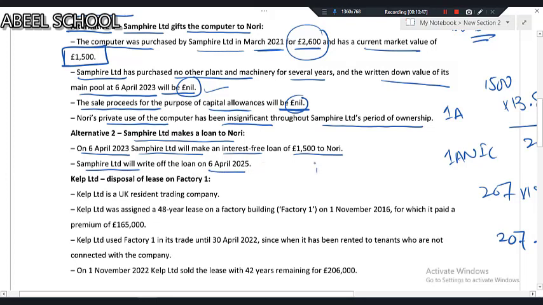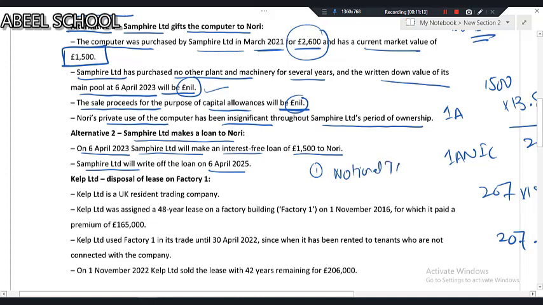The first point which you, dear student, need to discuss is that in alternative 2, Noori is not the only employee of the company, he is also the shareholder of this closed company. Now, what is happening? In a closed company, when the company gives an interest-free loan to, let's say, Noori, who is also a shareholder of the closed company, then this closed company will have to pay notional tax to HMRC.